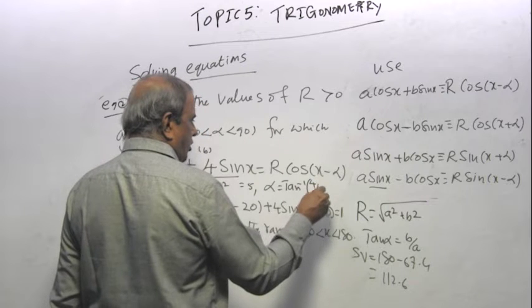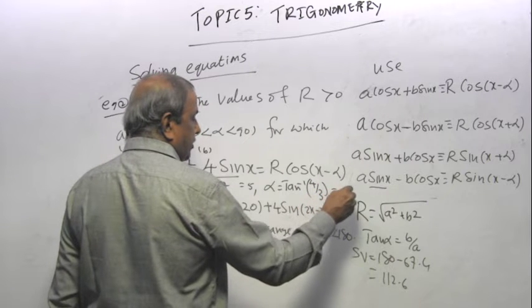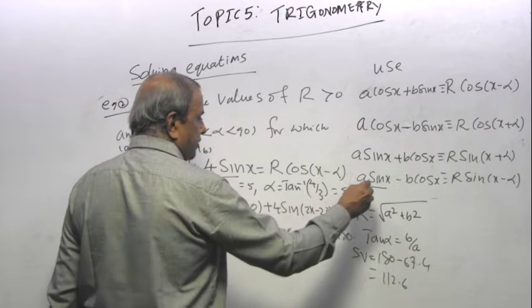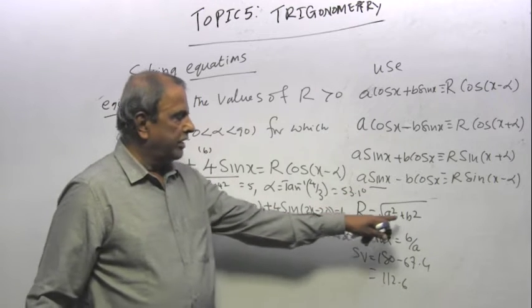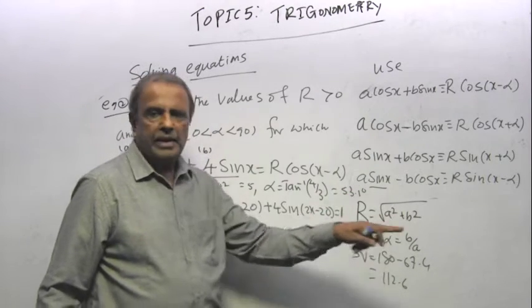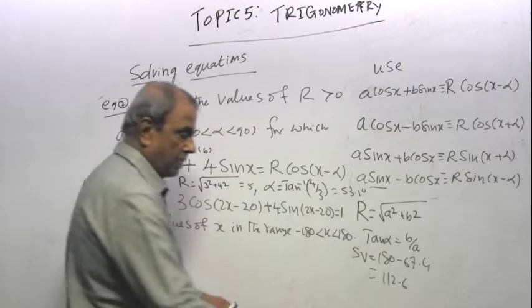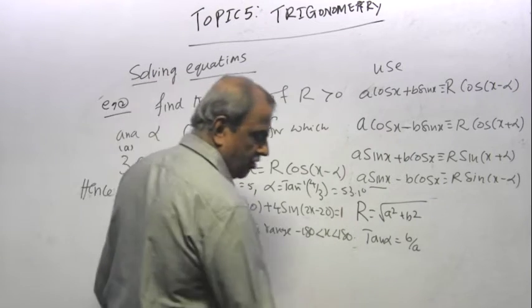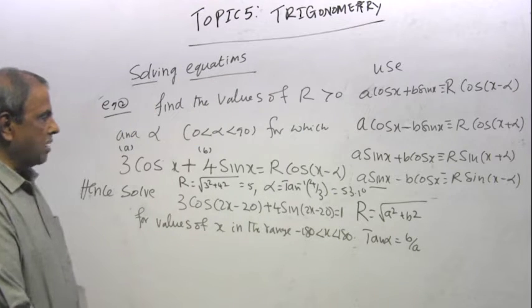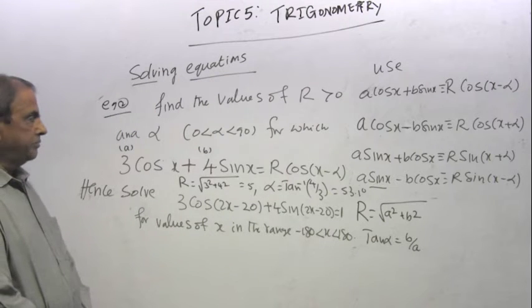B over a is 4 over 3, which is 53.1 degrees. You straight away can write that, because r is root of a squared plus b squared, tan alpha is b over a. But if you don't like it, you are welcome to expand, compare coefficients, draw the triangle, and come to the same answer. No problem.